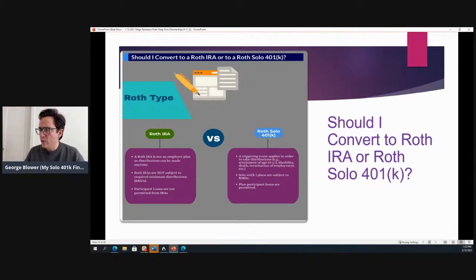Follow-up question, can I then contribute employee $19,500 and employer 20% to after-tax and then move it to Roth IRA? No. You cannot contribute the 19.5 to the, say, pre-tax or Roth bucket and then move it to the Roth IRA.